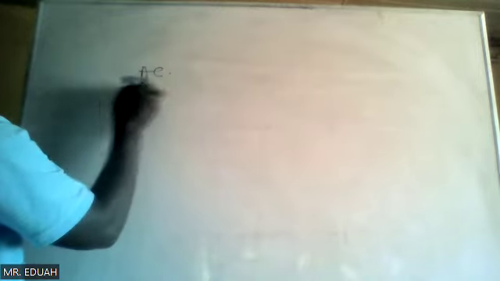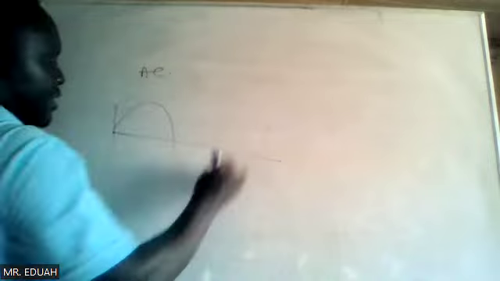So anything which is harmonic is represented by a sine function. That is the reason we represent AC by a sinusoidal shape.